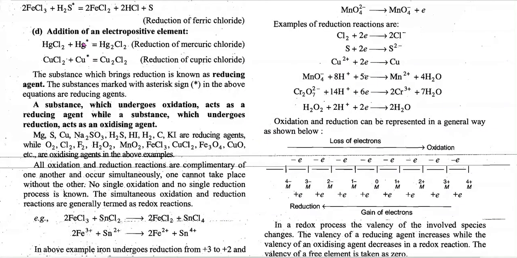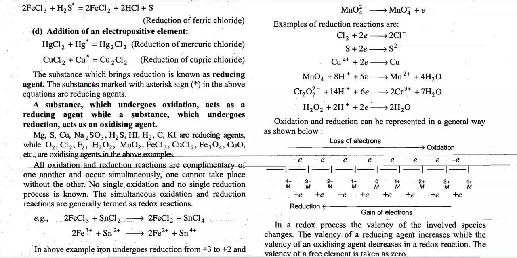Here Hg and copper are responsible for the reduction of HgCl2 and CuCl2 respectively. So these two atoms are known as reducing agents. Okay, because of these atoms reduction is taking place. If you remove these two atoms, your reduction reaction will not take place.